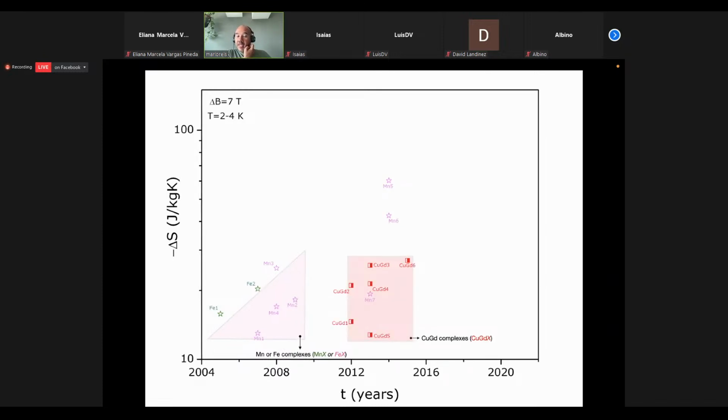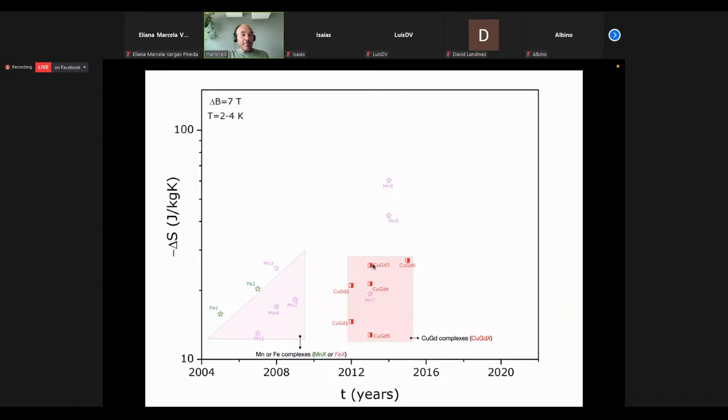Further in years, the community started to improve the materials and published materials mixing transition metals and gadolinium. And they couldn't improve the average value of magnetic entropy change.